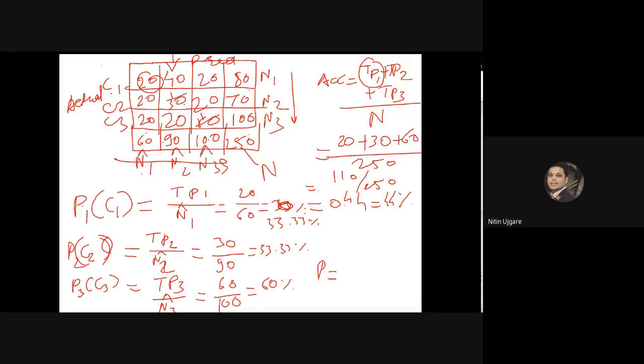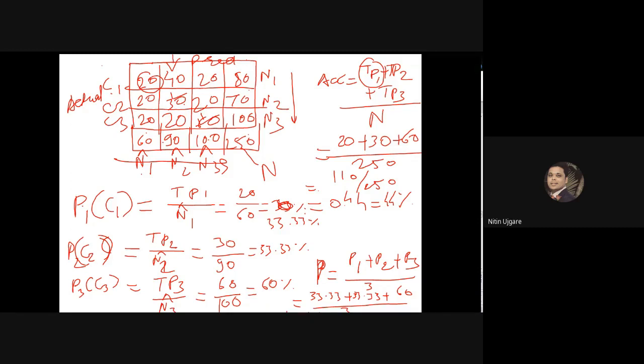Now the overall precision will be P1 plus P2 plus P3 divided by the total number of output labels, which is 3. So 33.33 plus 33.33 plus 60 divided by 3 gives the overall precision of this multi-class classifier as 42%.